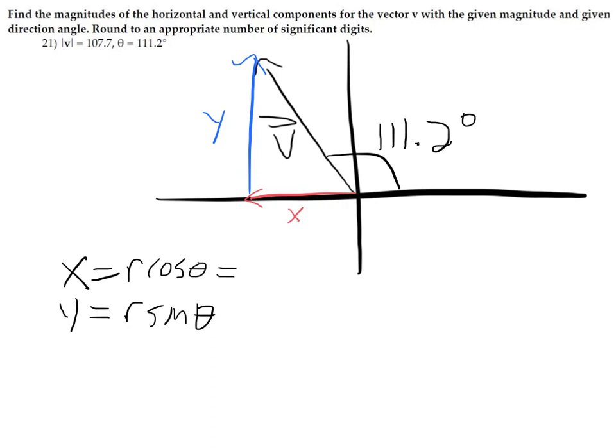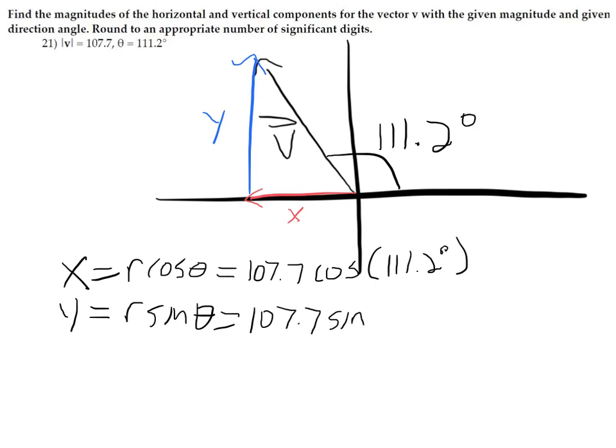So the horizontal component x would be 107.7 cosine of 111.2 degrees, and then we'd go to our calculator for that, and y would be 107.7 sine 111.2 degrees.